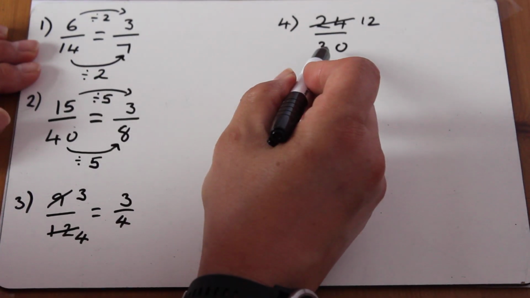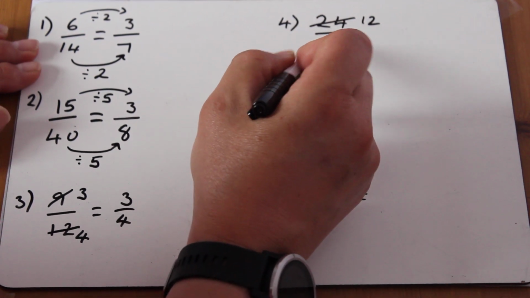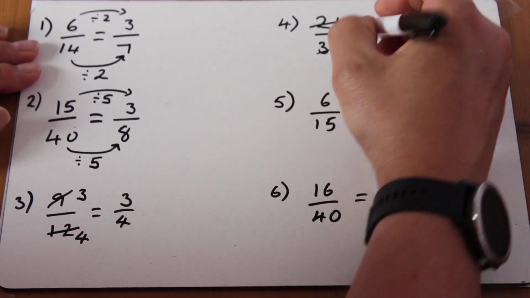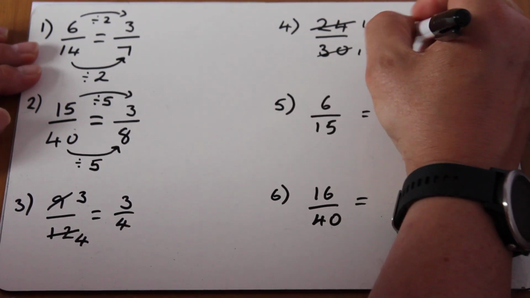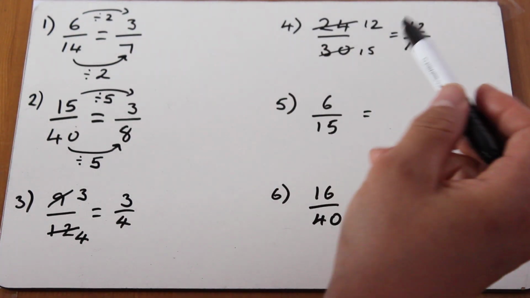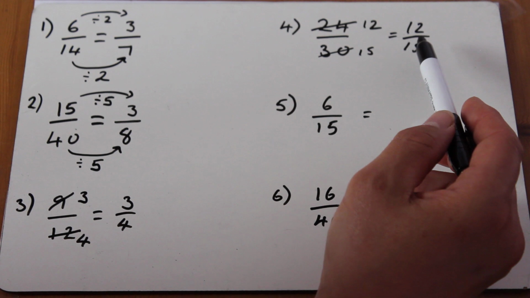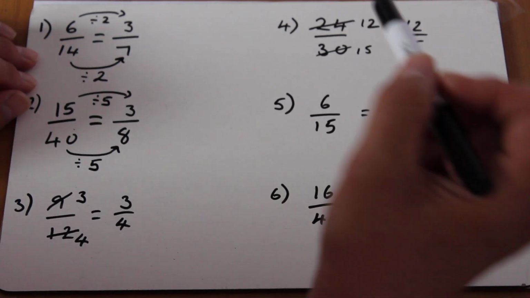Then I do exactly the same to the bottom number. I divided this by 2, so I need to divide this by 2, and that goes in 15 times. So I'm just going to rewrite those two there. It gives me 12/15. Wait a minute, 12 and 15, I know both of them are in my 3 times table.